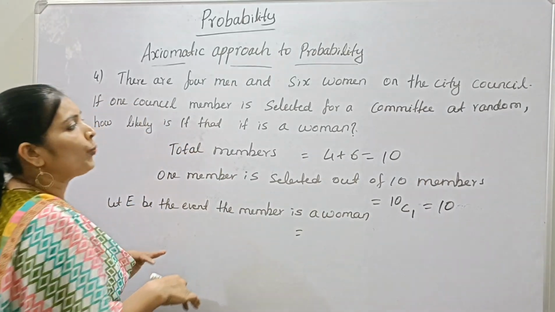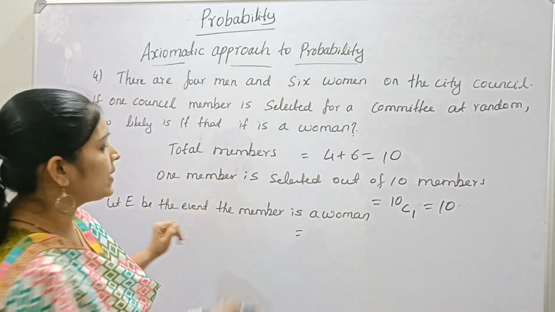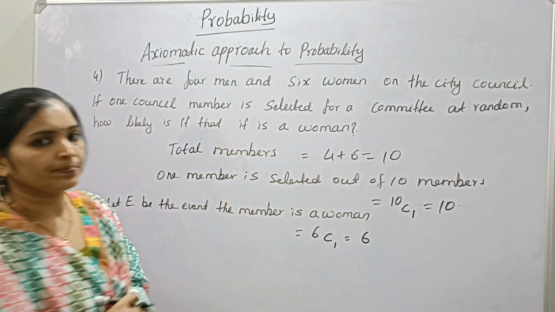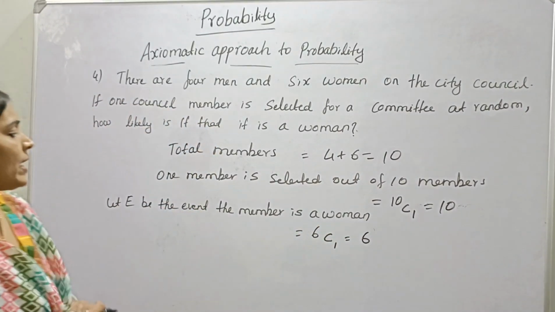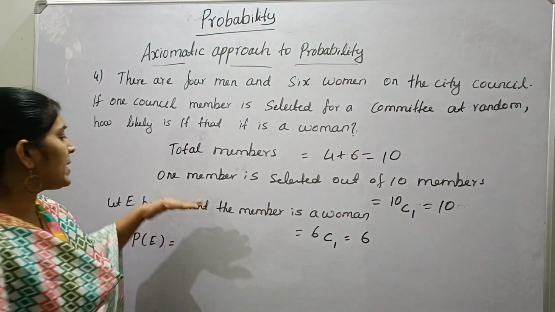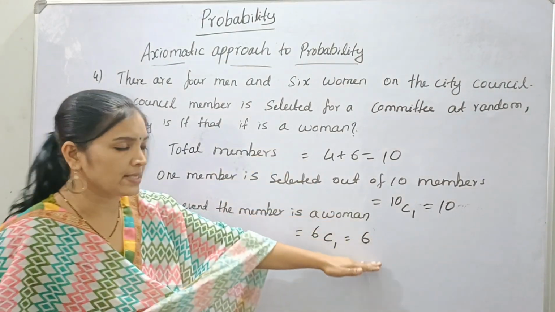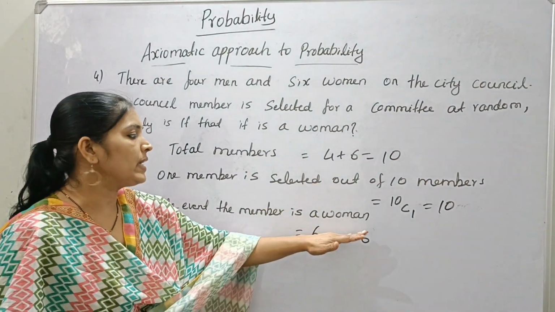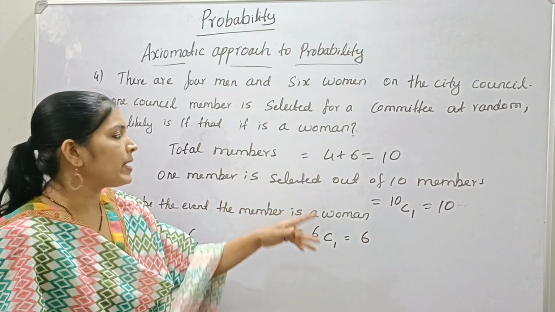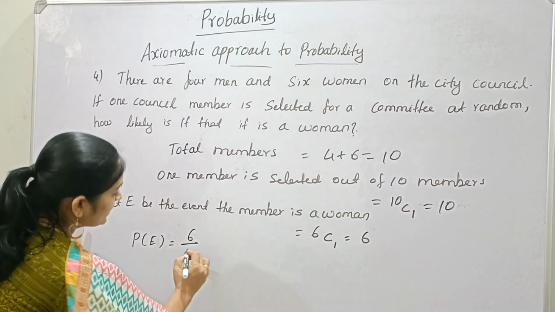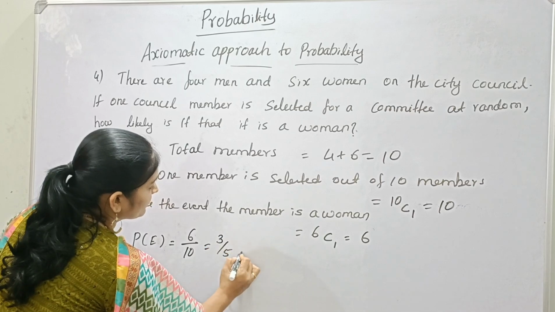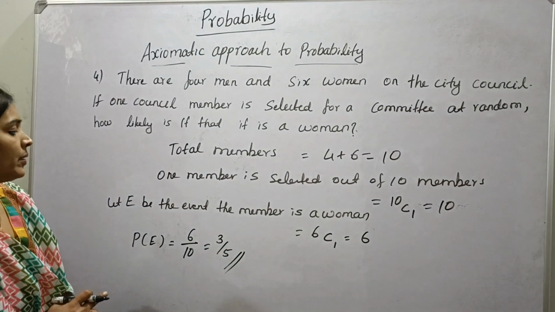Out of 6, selecting 1 gives 6. So the probability of E is the number of elements in the event, 6, divided by the number of elements in the sample space, 10 in total. So 6 by 10, that is 3 by 5. So 3 by 5 is the probability.